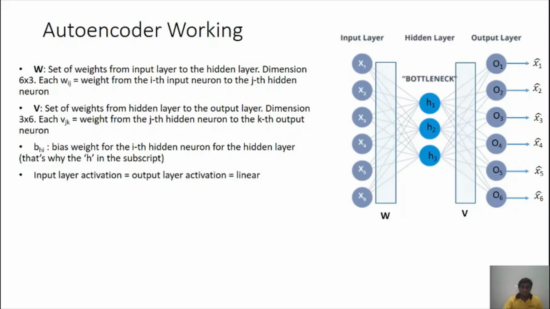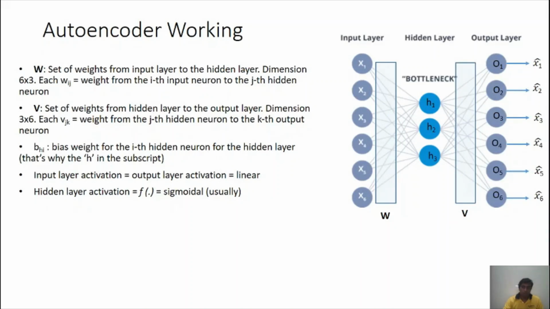And typically the activation function for the input layer is a linear activation function, and the output activation function is also linear. The hidden layer activation function typically tends to be sigmoidal.